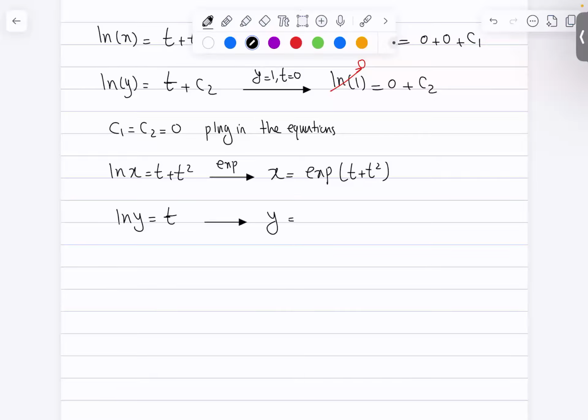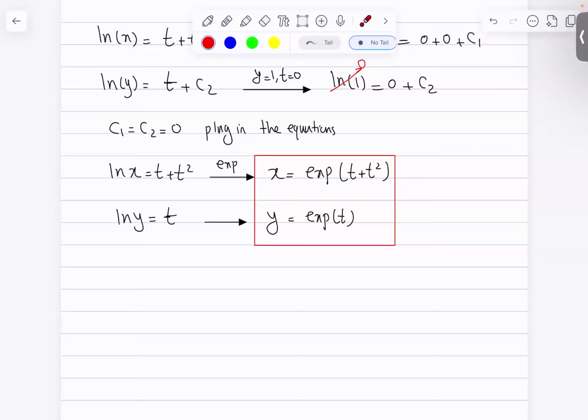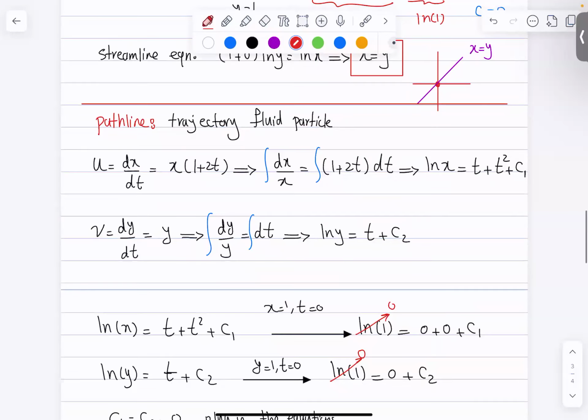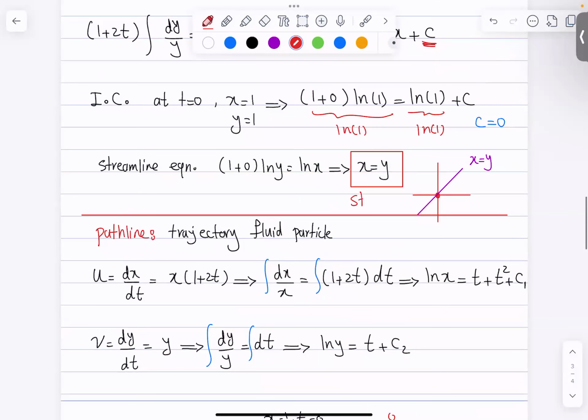We get y is e to the t. Okay, and these together are the pathline equations. So this gives me the trajectory of a fluid particle that passes through that point at time 0 as a function of time. So this is the pathline equation, and this one was the streamline.